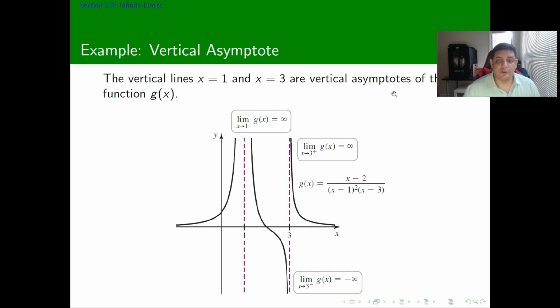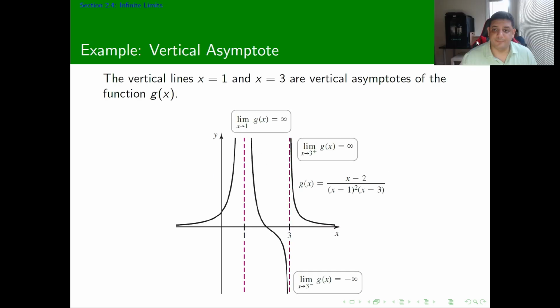So just to show an example here, we have that the lines x equals 1 and x equals 3 are going to be vertical asymptotes of the function g of x. G of x here is the function (x minus 2) divided by (x minus 1) squared times (x minus 3). So usually you will see the asymptotes because the asymptotes are also issues on the domain of the function.